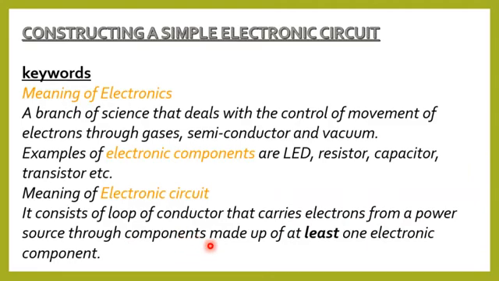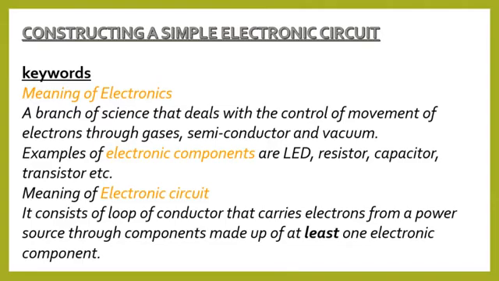Those components allow current to pass through them easily, so they are good conductors. They contain neither gases, semiconductors, nor vacuum as electronic components do. Take note. That's what gives the difference between electrical circuit and electronic circuit.